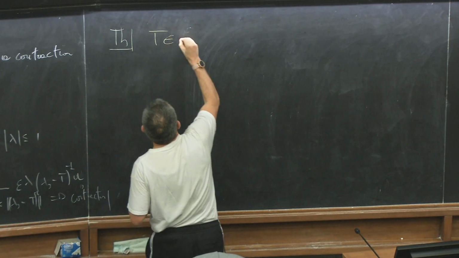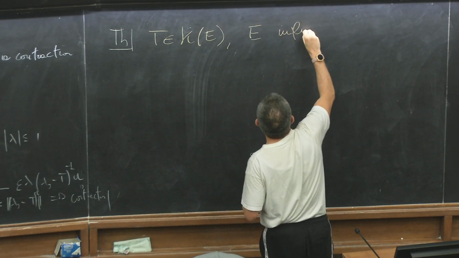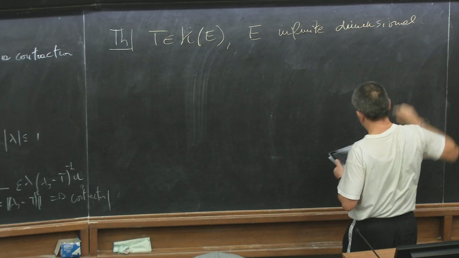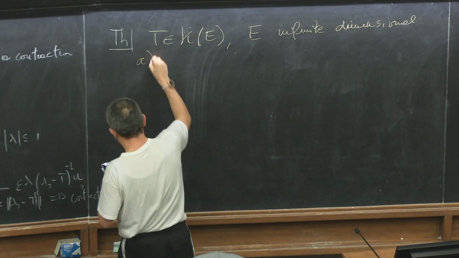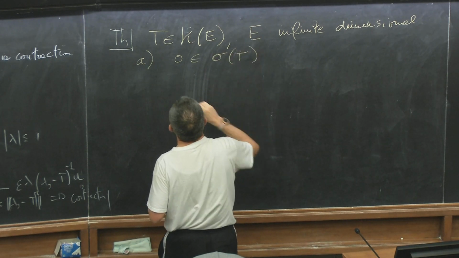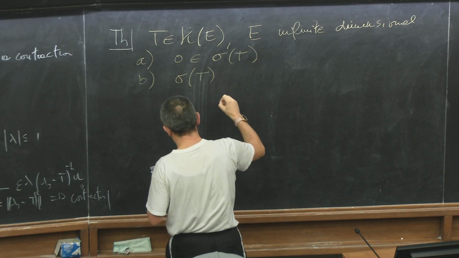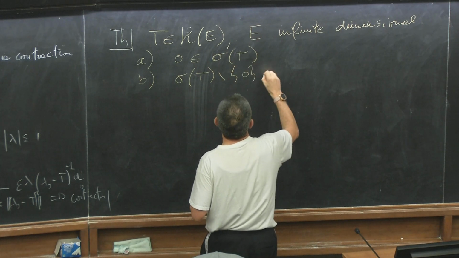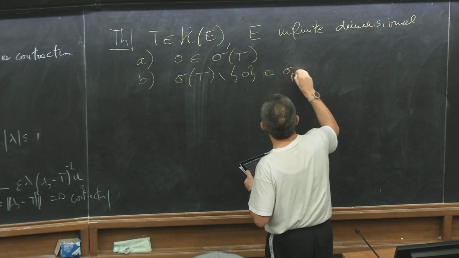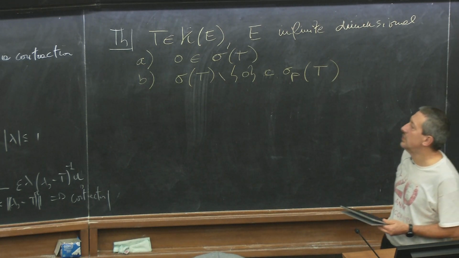If T is a compact operator and E is infinite dimensional, then 0 belongs to the spectrum of T, and the spectrum of T minus 0 is contained in the point spectrum of T. So only 0 is the one which cannot be an eigenvalue.